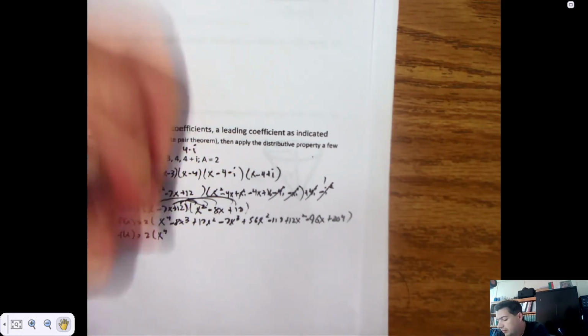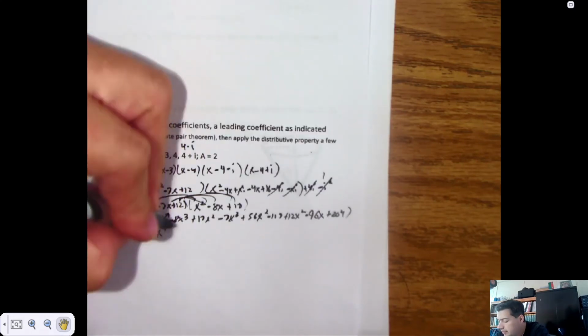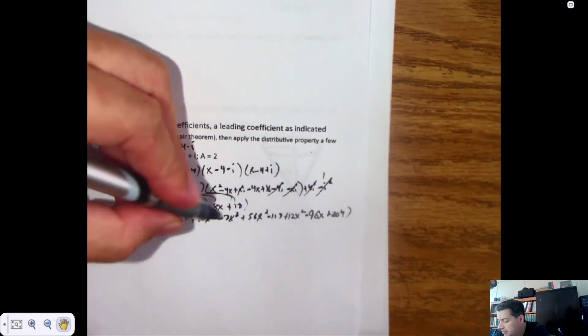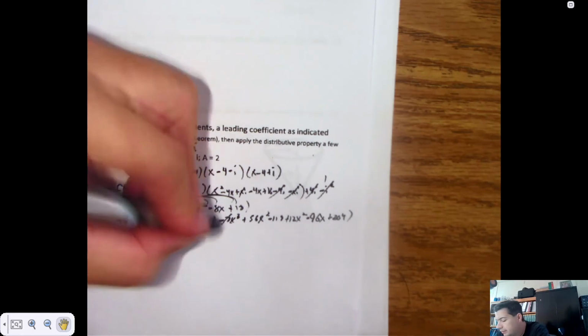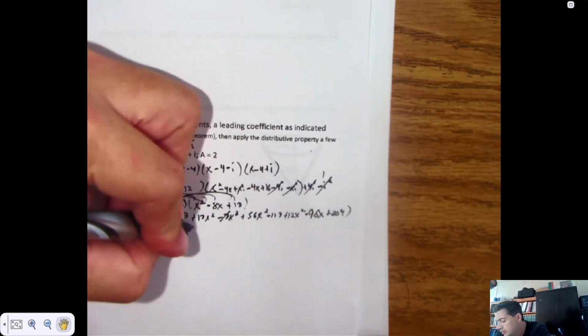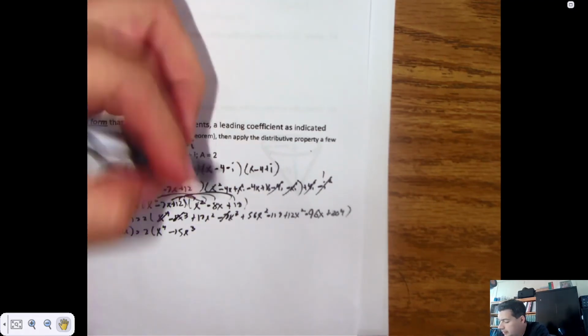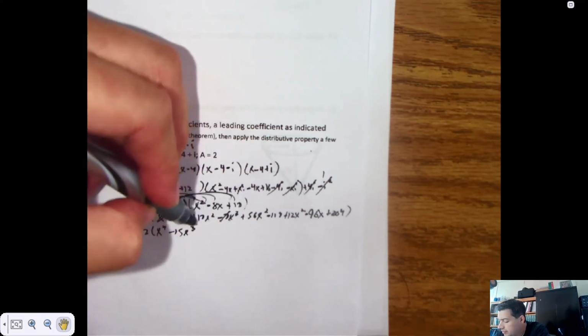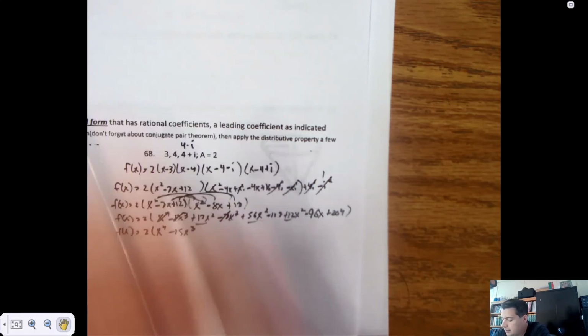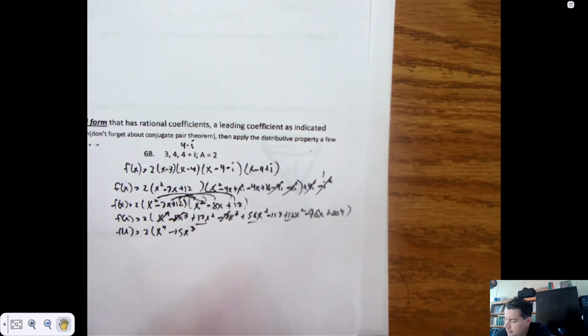I have an x to the 4th, so I'm going to throw that out the window. I have a negative 8x cubed and a negative 7x cubed. That should be negative 15x cubed. I have 1, 2, 3 things with an x squared on them. I got 17 and 12, which makes 29, and then I got 56, which makes 85.